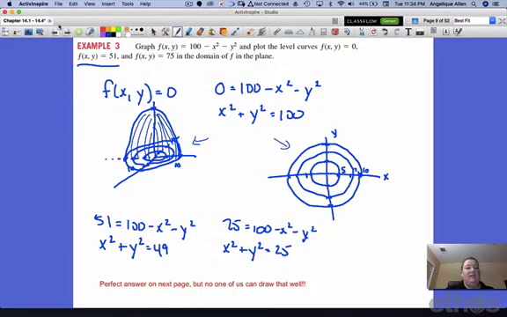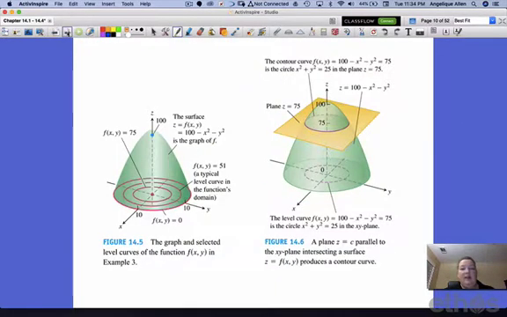Okay, so there is an example of drawing. Here's the perfect pictures, okay? They did the level curves mixed together with the graph of the inverted paraboloid, and it looks much better than mine. But the point is, when you cut through this shape with a plane at the various levels, then you get this shape, which they then project down onto the XY plane.